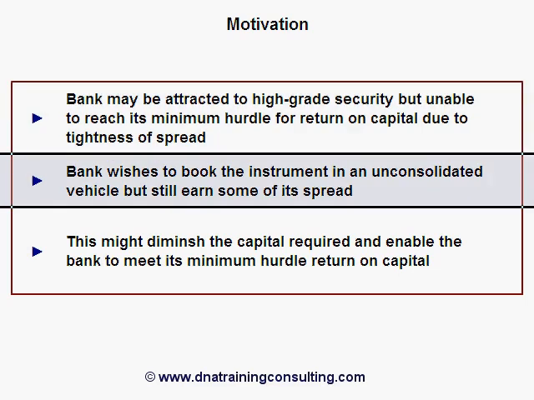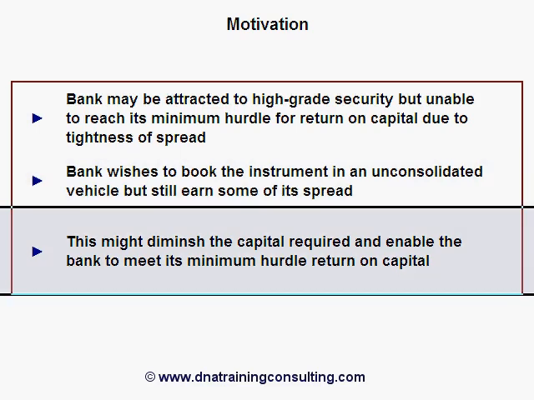As a potential solution, the bank might book the instrument in an unconsolidated SPV while continuing to earn all or a portion of the available spread. This might diminish the capital charges required, given the off-balance sheet nature of the booking vehicle, and thereby lift the return on capital above the minimum hurdle rate. We will work our way through the principal features of SIVs by way of an example.